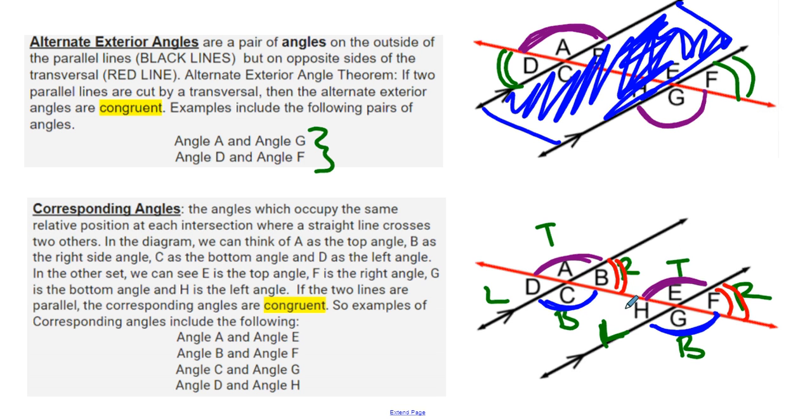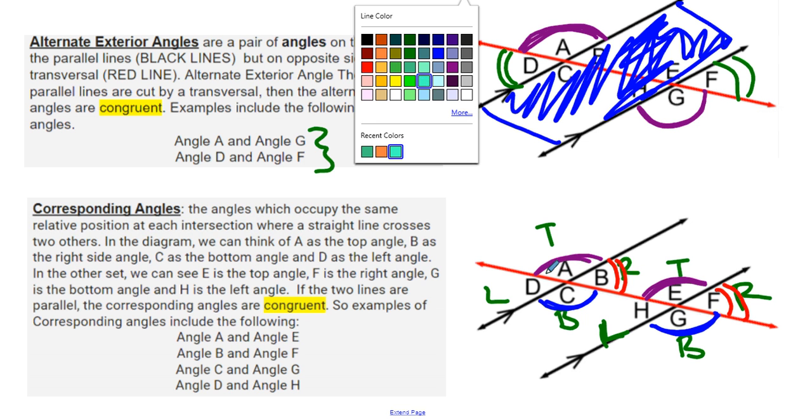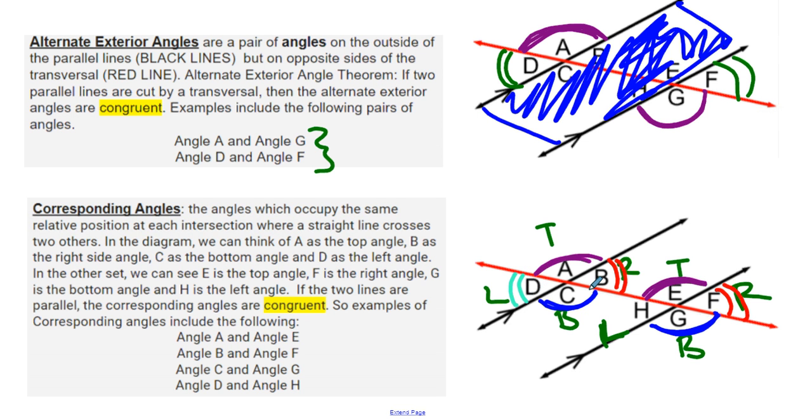As long as you understand that they're in the same position, they're just in different X's. And then finally, we have D and H. So right there, those are also corresponding angles. So those are all of the angle relationships that you need to be aware of.